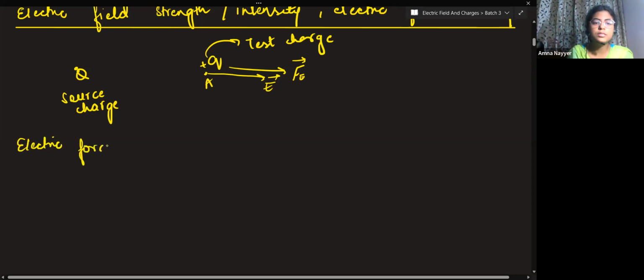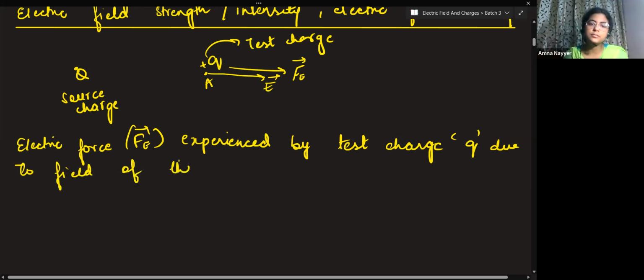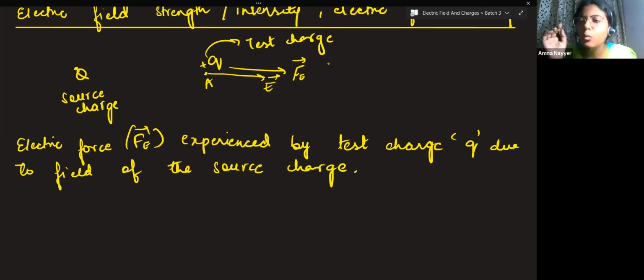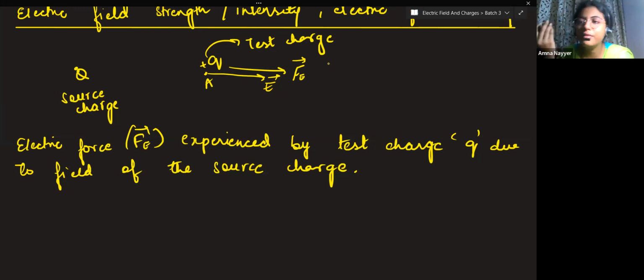Electric force, Fe, experienced by test charge small q due to the field of the source charge, is known as electric field intensity. Whatever will be the force experienced by this test charge, we'll call it electric field intensity.